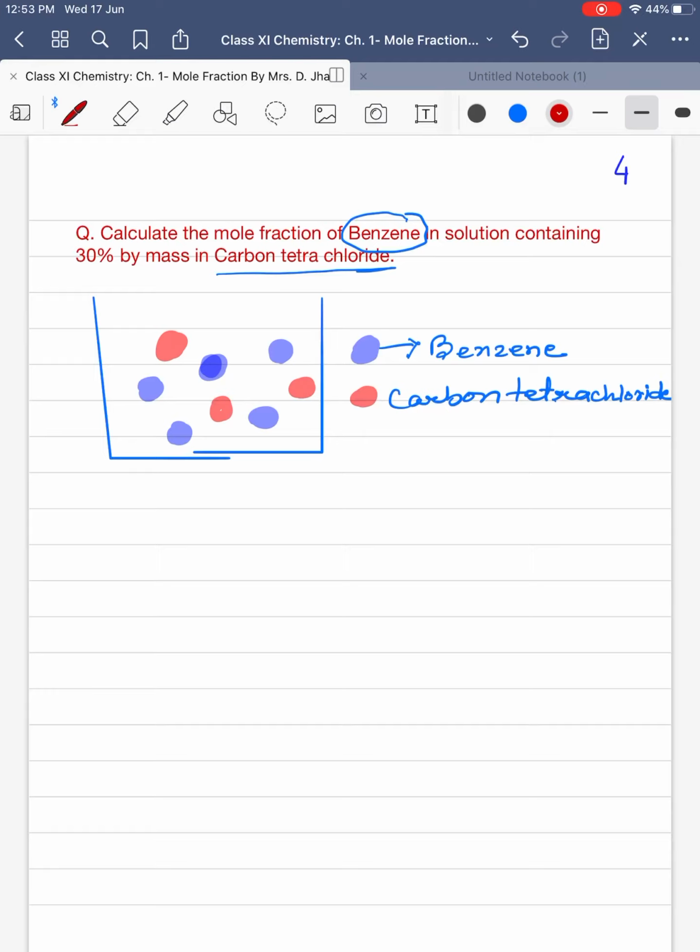Formula of benzene is C6H6 and formula of carbon tetrachloride is CCl4.